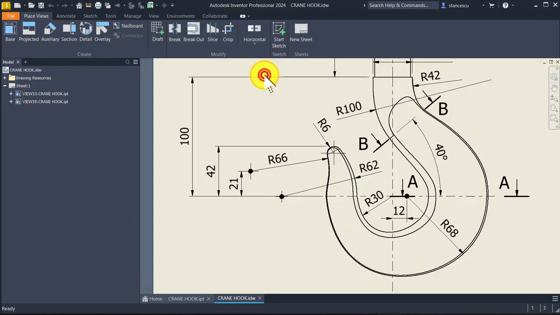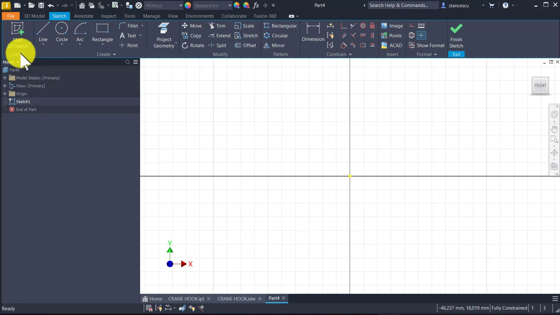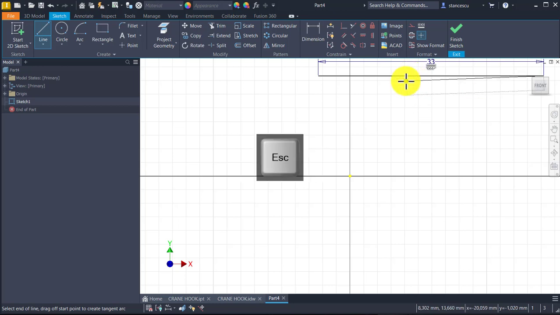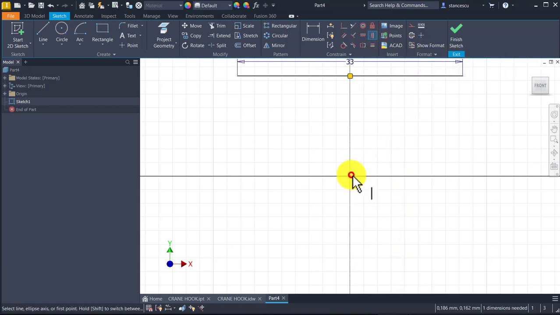Standard millimeters, XY plane, and the line of 33 length. I write here 33. Its center point is placed on the same vertical with the center point.